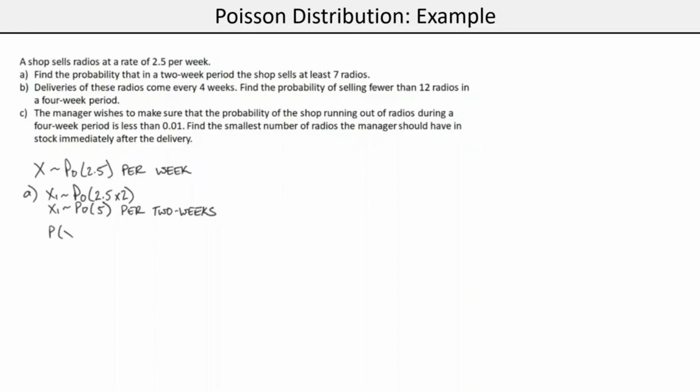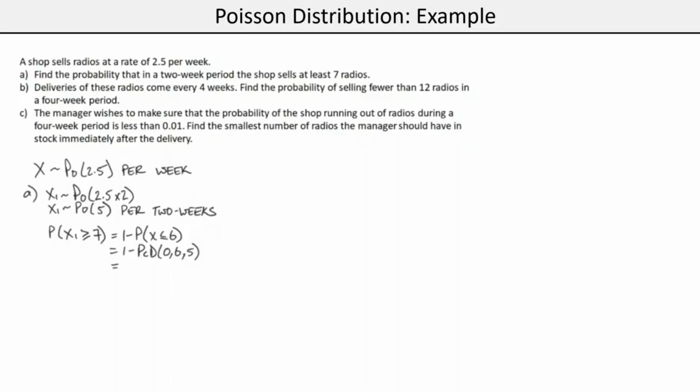We've then been asked to find the probability they sell at least 7 radios. So we're going to find the probability that X1 is greater than or equal to 7. We know that we need to turn this into a 1 minus. So 1 minus the probability X1 is less than or equal to 6.